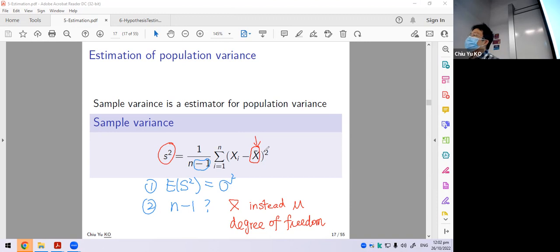So why does estimating one thing reduce the degrees of freedom? Let me explain in this context, very quickly. If you don't get it, it's okay, because one day you'll get it. When I was a student, it took me a long while to understand this.